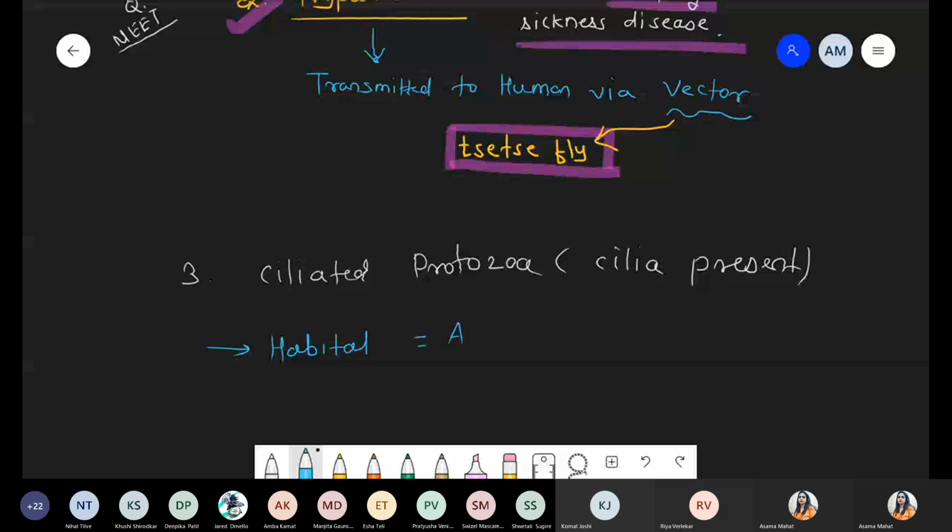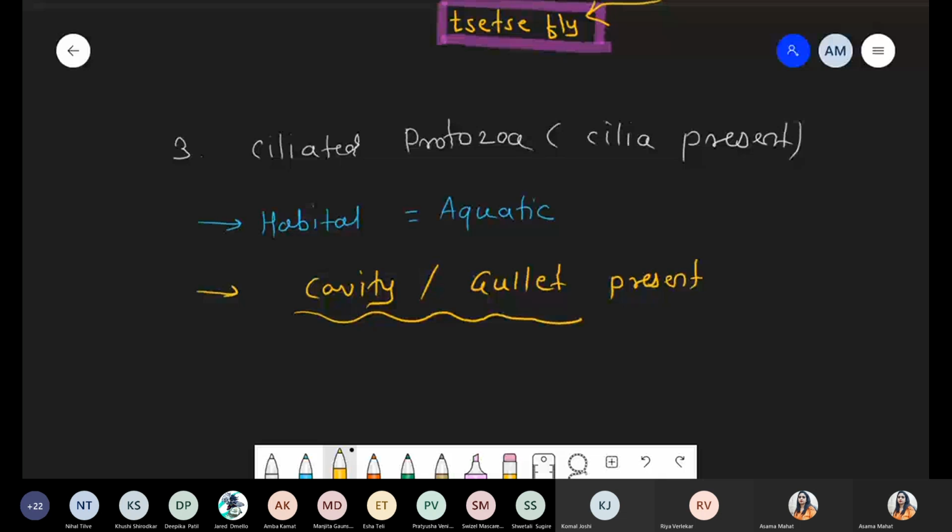With the help of that cavity, the gullet, food has a passage. So simply we can say this is the entry site for food. That simple cavity is called the gullet.